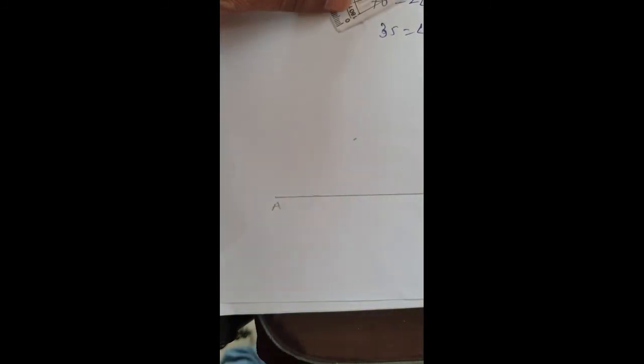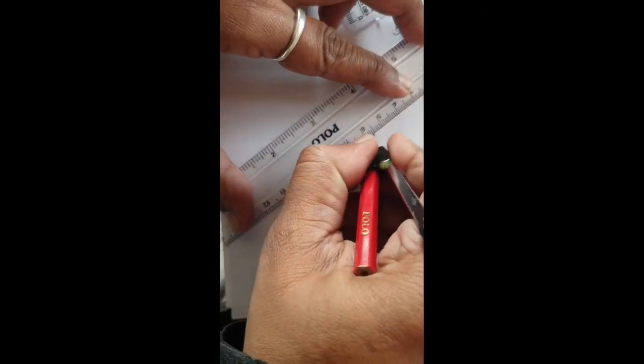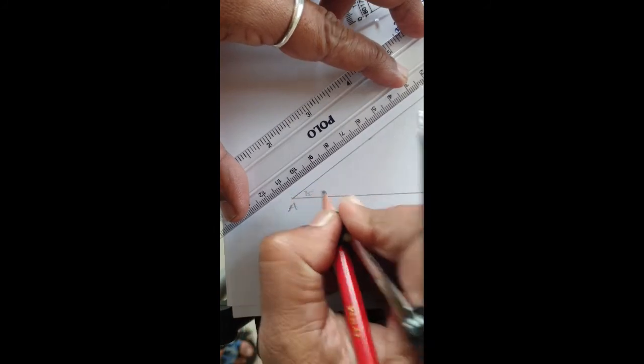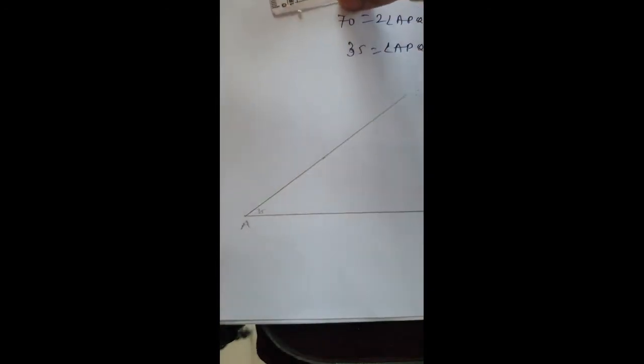First of all, do one thing, draw those angles one by one. Some students mark those angles here, 35 and 40 simultaneously, and then while joining they join the wrong ones, and the figure becomes wrong.